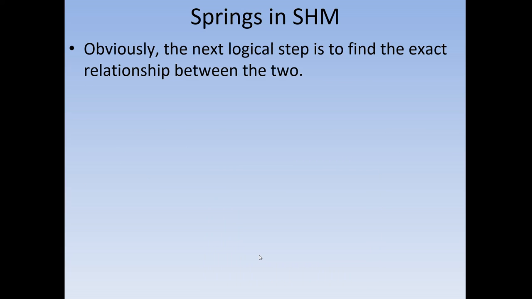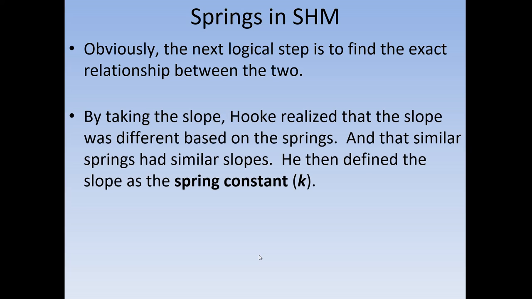One thing he did find out was that even though this relationship was the same for all springs up to a certain point, each spring had a different slope. Comparing the slope to what the springs physically felt like, he decided to call the slope the spring constant, as it described a characteristic of the spring, a natural part of the spring that represented how rigid it was.